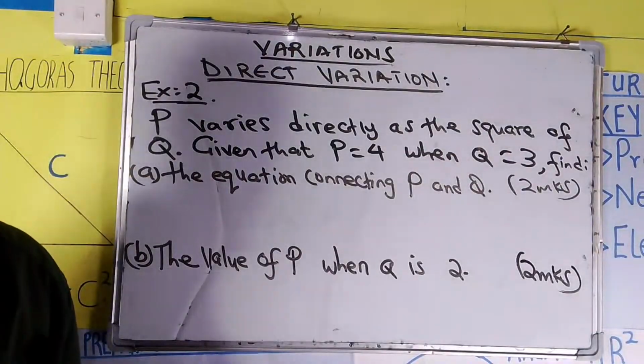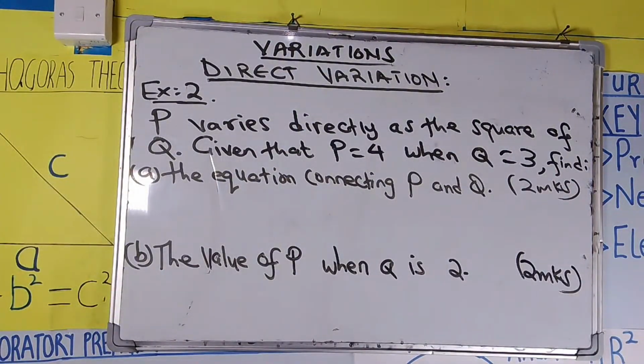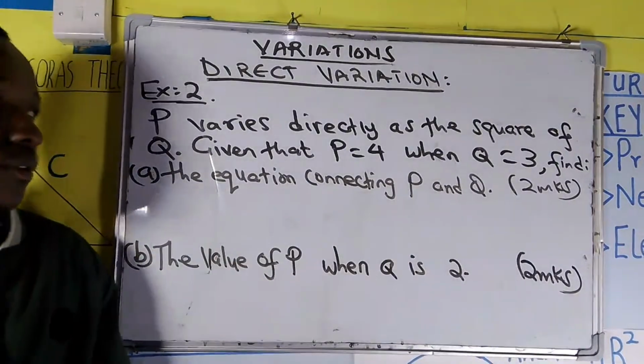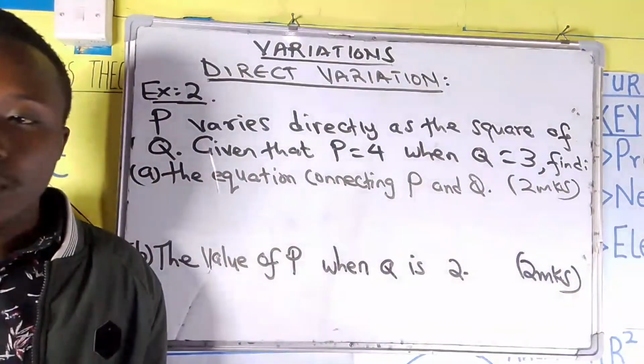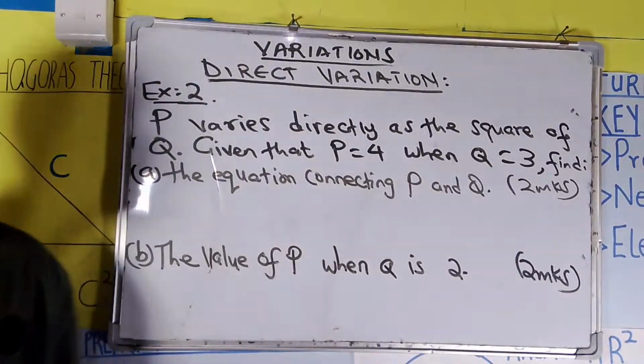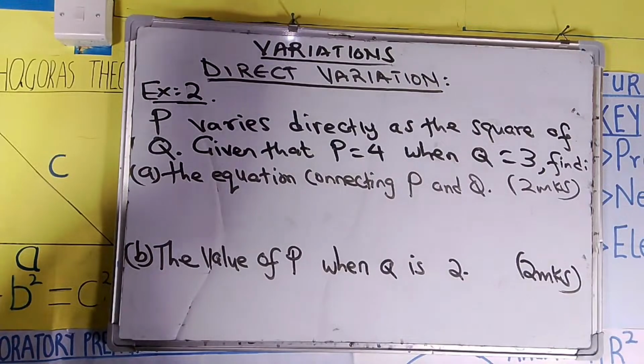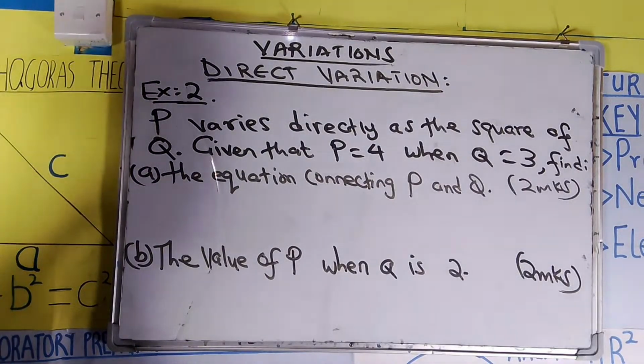So let us do that one. P varies directly as the square of Q. Given that P is 4 when Q is 3, find the equation connecting P and Q.